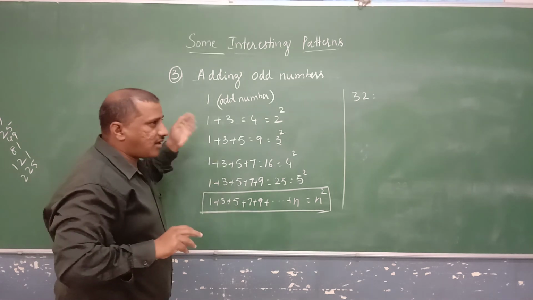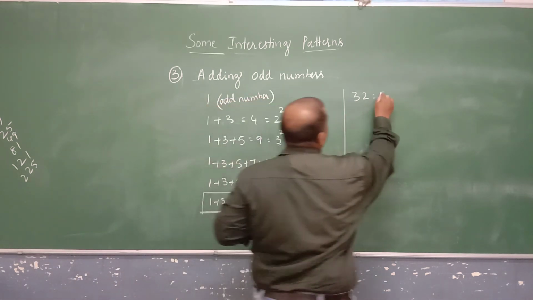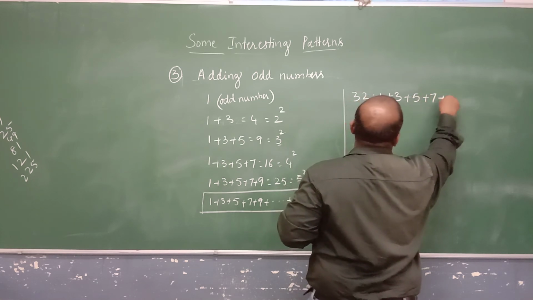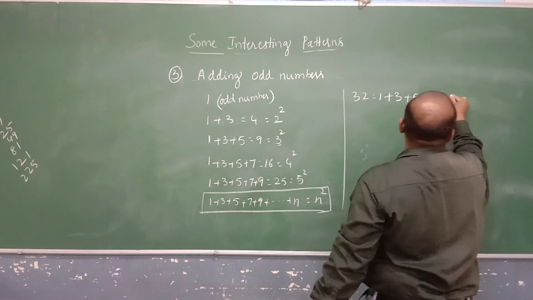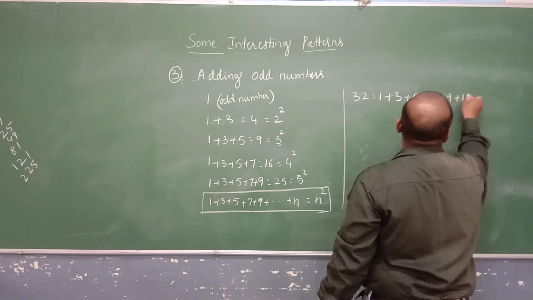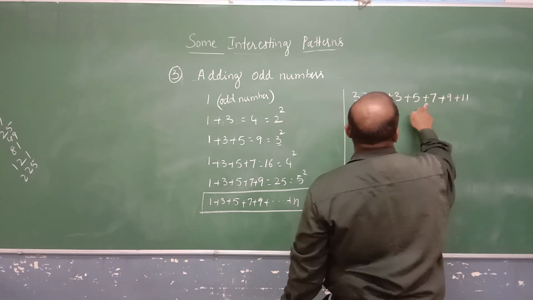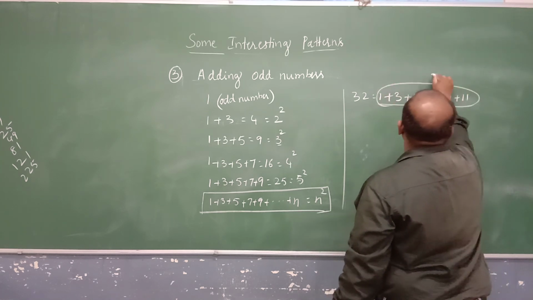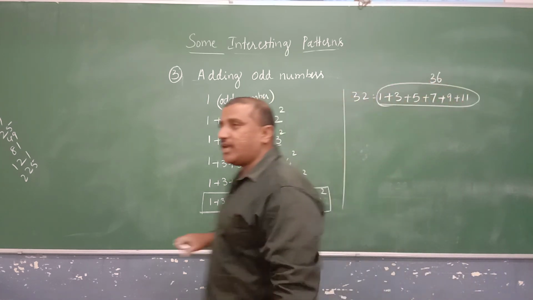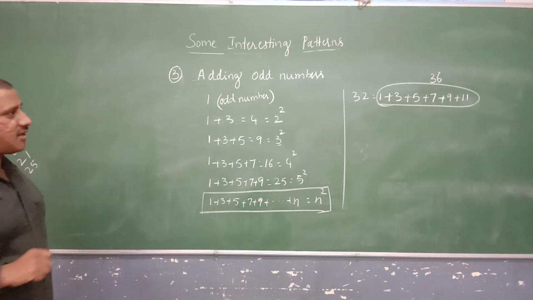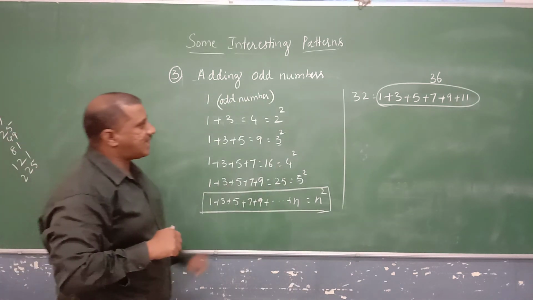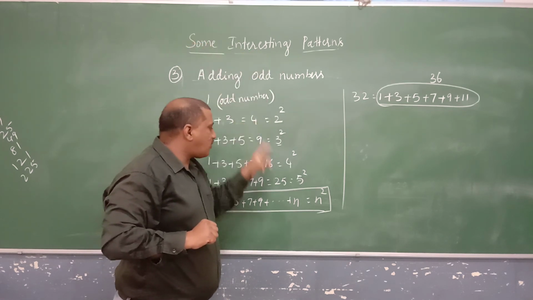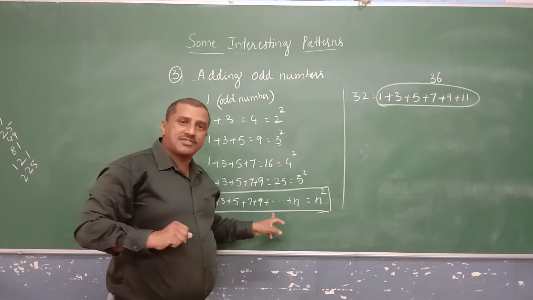For example, 1 plus 3 plus 5 plus 7 plus 9 plus 11 is 36, and we get 36 but we never get 32. So 32 cannot be written as a sum of consecutive odd numbers. From this we can say that only perfect square numbers can be written as the sum of consecutive odd numbers.